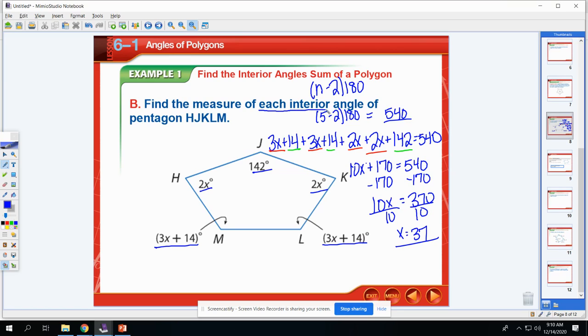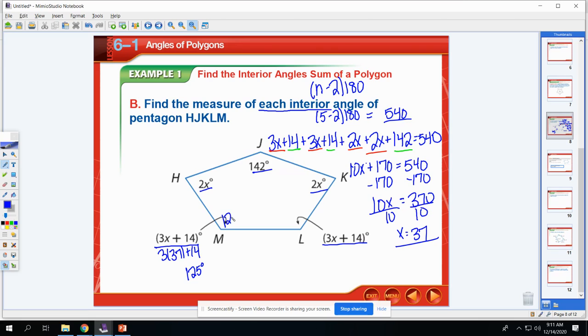We do have to go in and input our x here into each of our interior angles. So luckily, we only have to do this 2 times, since it looks like our base angles M and L are the same, as well as H and K are the same. So 3 times 37 gives us 111, plus 14 is going to give us 125.